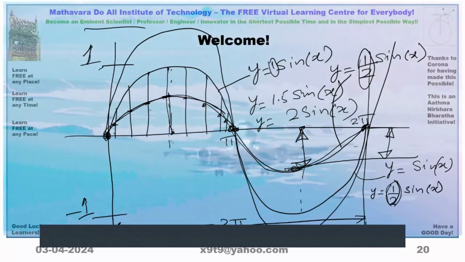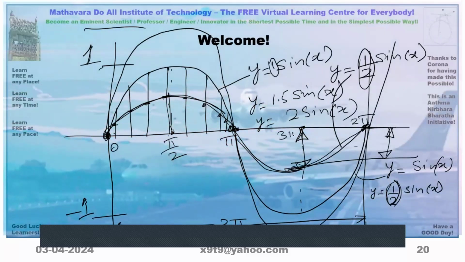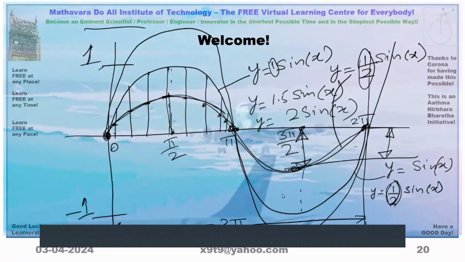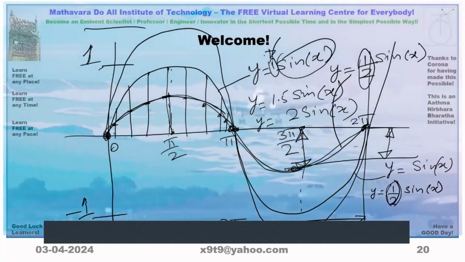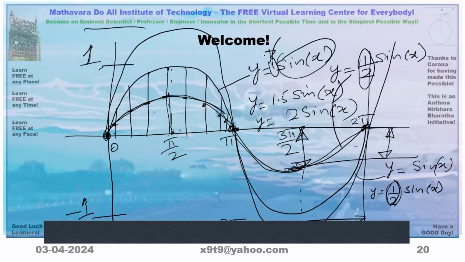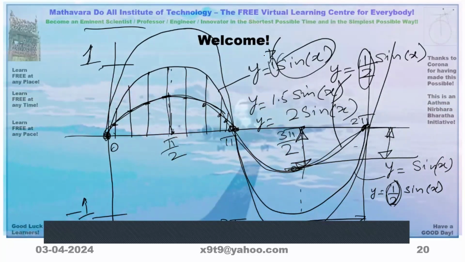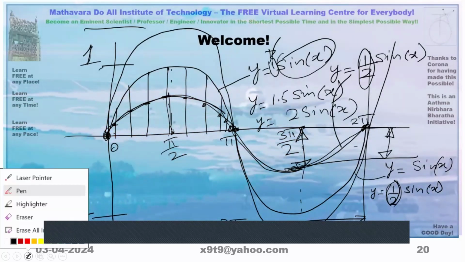This is pi, this is 0 starting point, 3 pi by 2. So coefficient of sin x will give the amplitude. Now, looking at the equation, we can tell the amplitude.